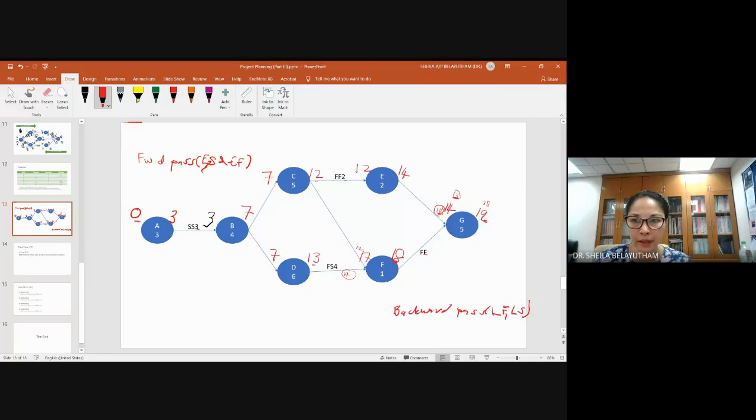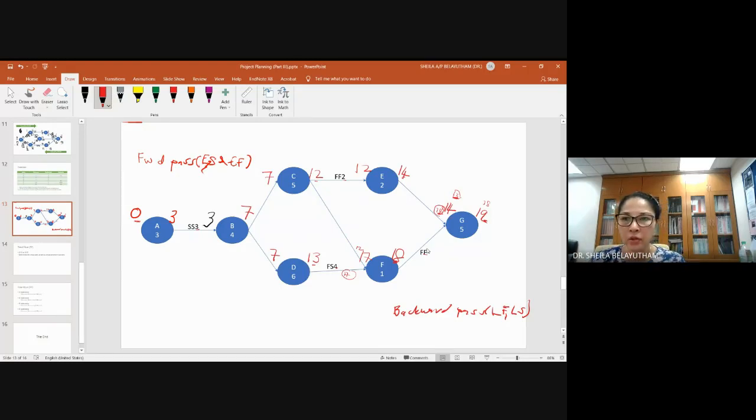So imagine if you select 13, because you are taking into account this relationship, this activity is not finished yet. You finish 14, but you want to start activity G at 13. They overlap.